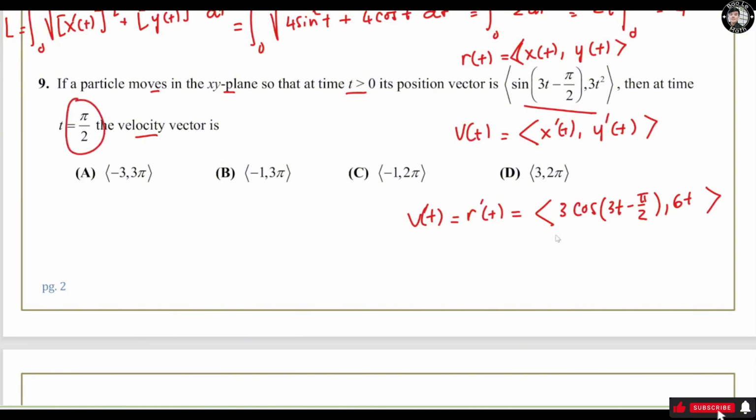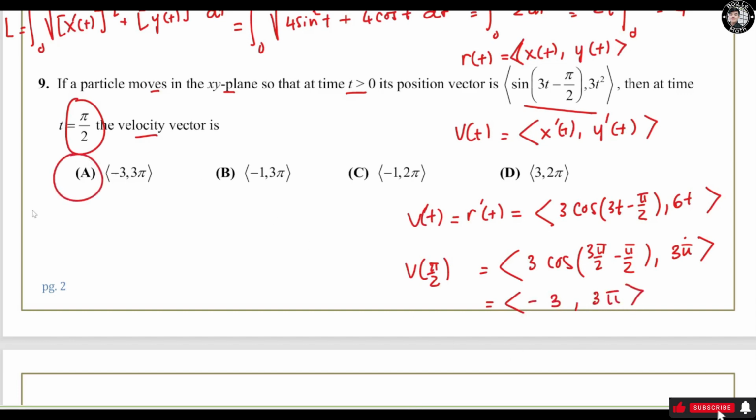Substitute pi over 2 for t, so you have v of pi over 2 is going to be 3 cosine of 3 pi over 2 minus pi over 2, comma 6 times pi over 2 is going to be 3 pi, right? 3 pi over 2 subtract pi over 2 is going to be 2 pi over 2, and then simplify is going to be pi. Cosine of pi equals negative 1, so the final answer is negative 3 comma 3 pi, right? So the answer must be A.